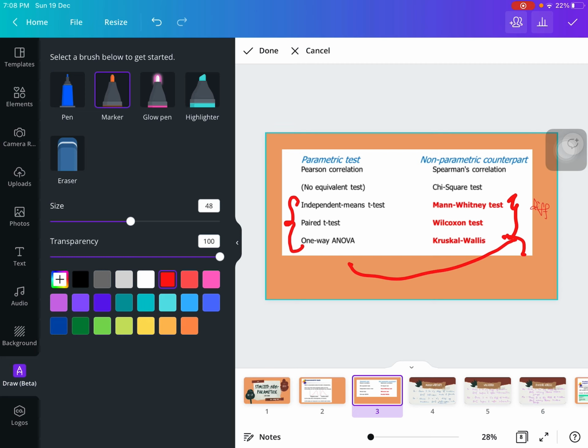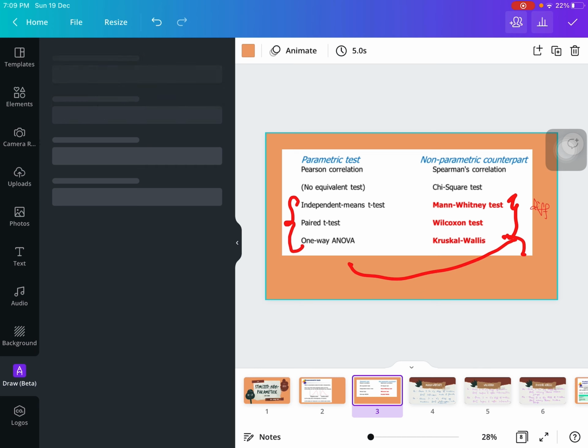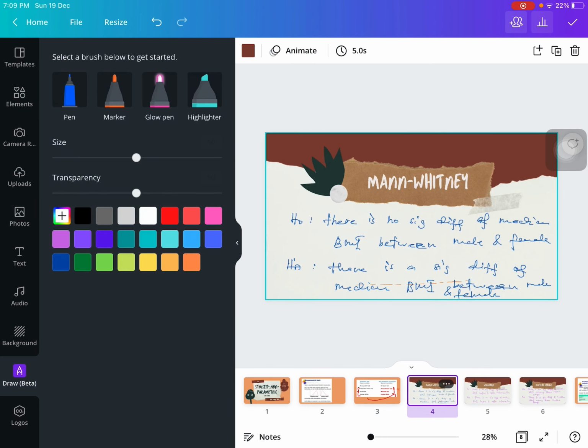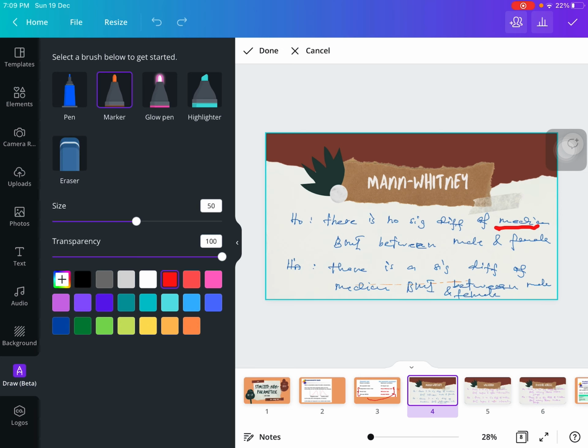Okay, and the thing is that we have to know that the way you write the research null hypothesis and also the alternative hypothesis is lebih kurang sama macam t-test and Anova, cuma dia berbeza dari segi in terms of you tulis sini median and sini pun median.